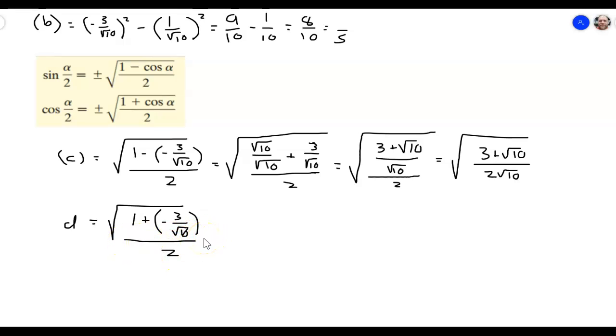I will let you do the work to see how that comes out. But your final answer there should end up becoming root 10 minus root 3 all over 2 root 10. And it's going to be the same kind of process as up here.